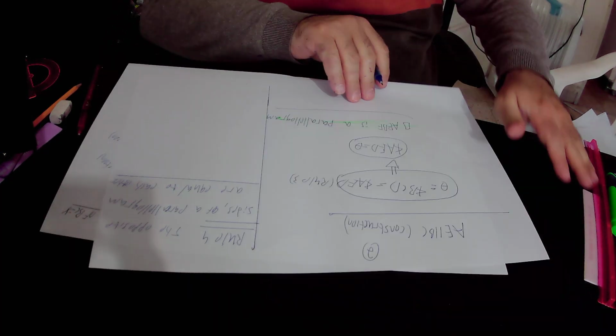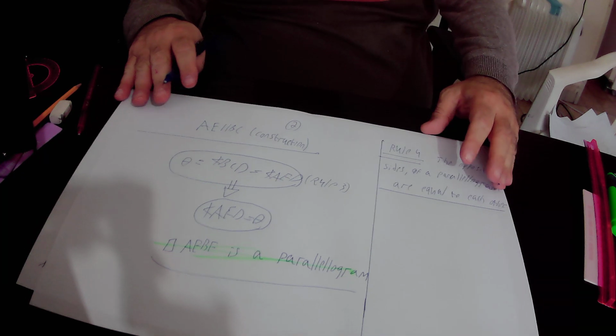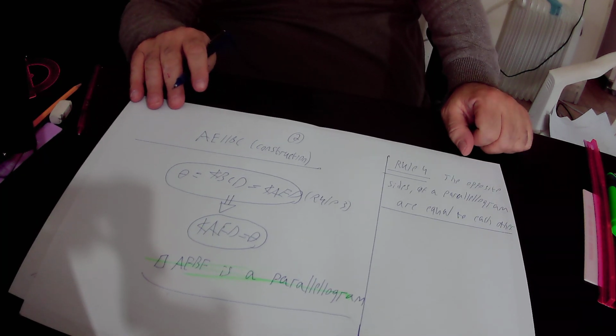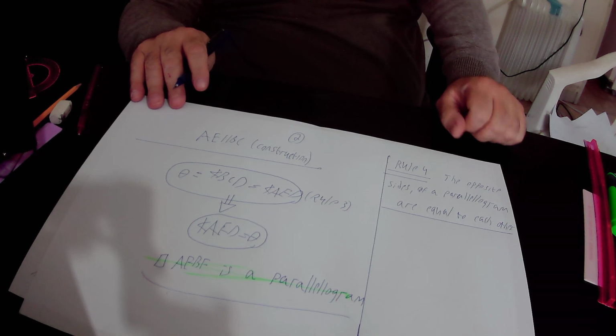I'll repeat rule number 4 again. According to rule number 4, the opposite sides of a parallelogram are equal to each other.